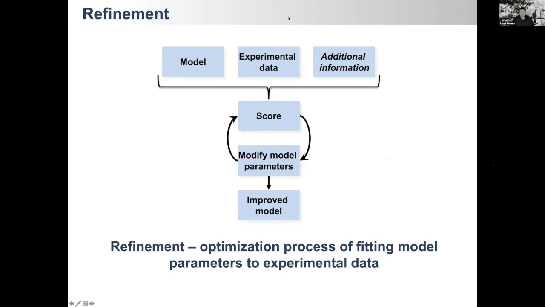Never perfect, finite resolution, different pathologies, errors. Additional information, restraints. That's what you always need to bring into refinement and dose appropriately. The score function is something that relates the model to experimental data, and you modify your model parameters to optimize the score function. That's the essence of refinement. And by doing this, you hope to get the improved model. That's what refinement is about on a grand scale.